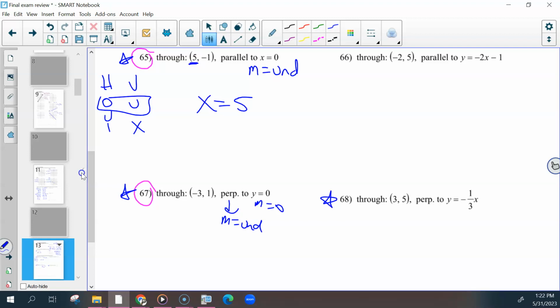If the new slope is undefined, our new equation is going to be an x equals, and look at that value. So there's really no work to do if you get a problem like this. You just have to know the type of equation. Questions on those before we do 68?